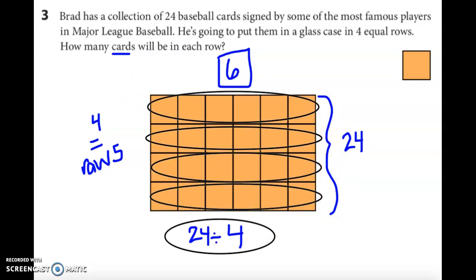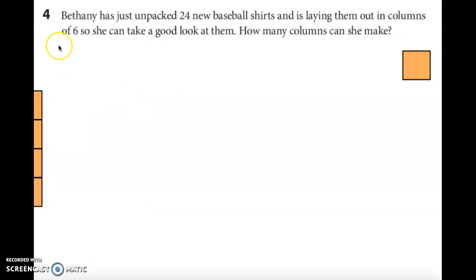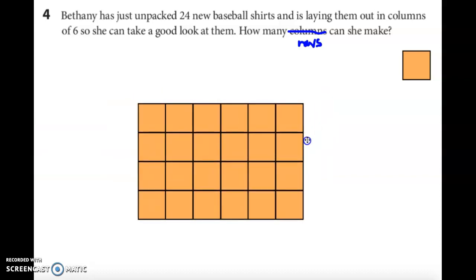All right, now our last problem then, you probably guessed it, Bethany has just unpacked 24 new baseball shirts and is laying them out in columns of 6 so she can take a good look at them. How many columns can she make? Oh, this is obviously a typo. We know that she did it in 6 columns, so it should be asking how many rows can she make? All right. So we're familiar with this equation, with these numbers.